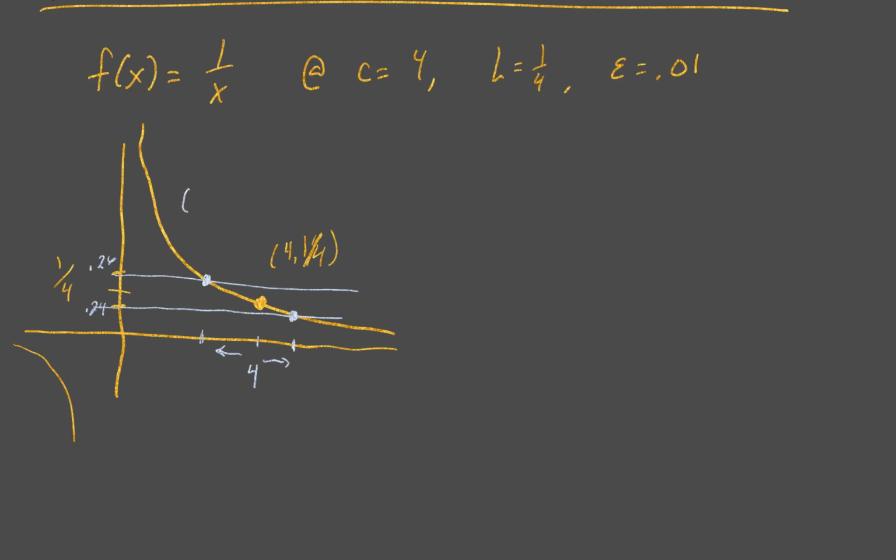So this is going to be at 0.26 comma 1 over 0.26, which is as a fraction 0.26 comma, well, that's 100 over 26. And this one is 0.24 comma 100 over 24. The reciprocal of 26 hundredths is 100/26, and the reciprocal of 24 hundredths is 100/24, right? Okay.